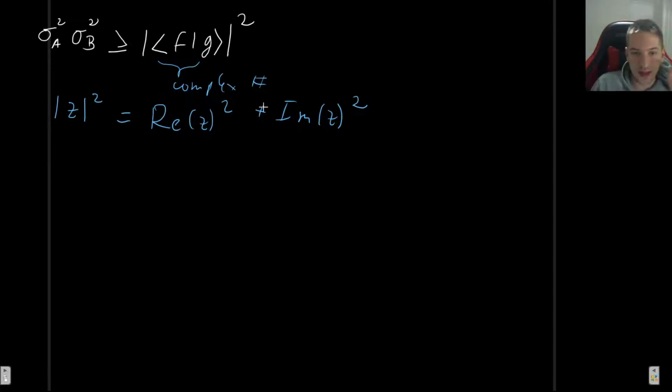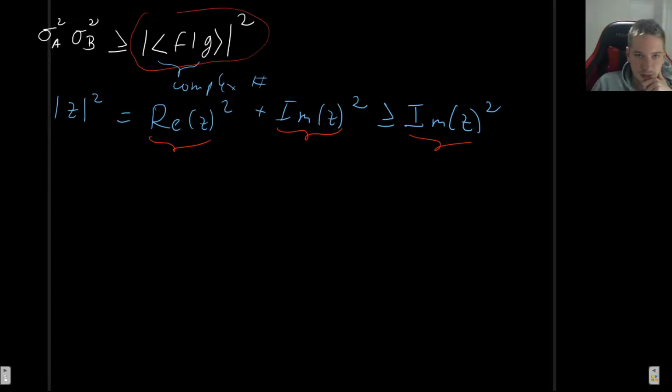And we know that this is always going to be greater or equal than just the imaginary part of z squared, right? This is obvious because here you take the imaginary part and you add something positive, so it is going to be greater than something that doesn't have this real part. So now we know that this part is going to be greater or equal than the imaginary part of what is inside there, which I'm just going to call z squared.